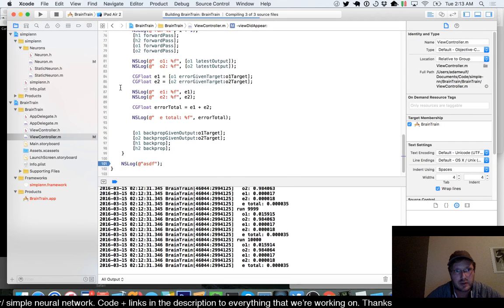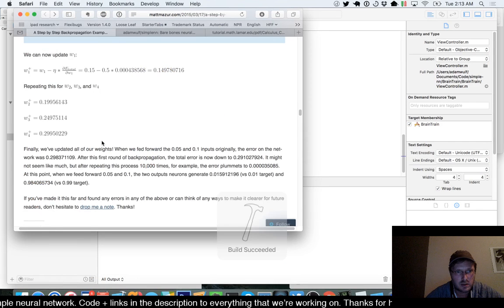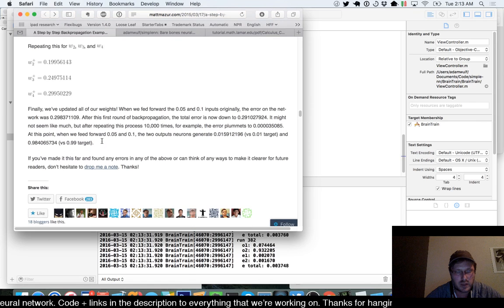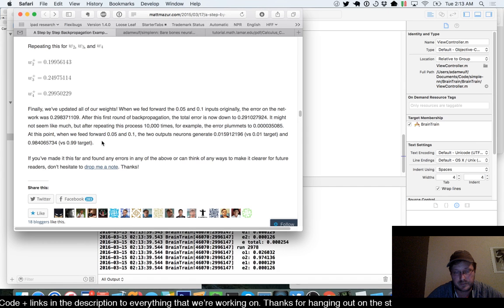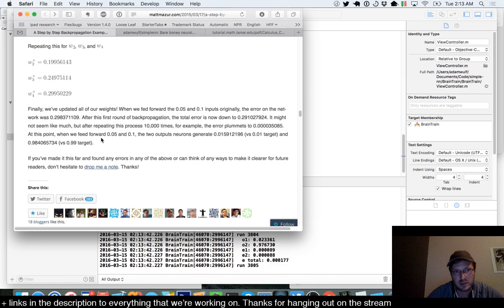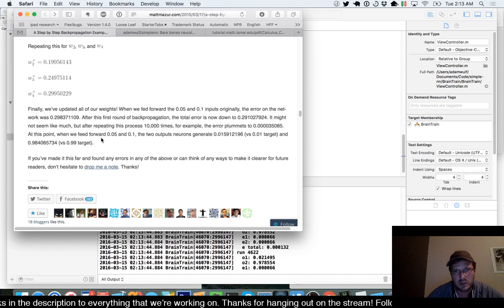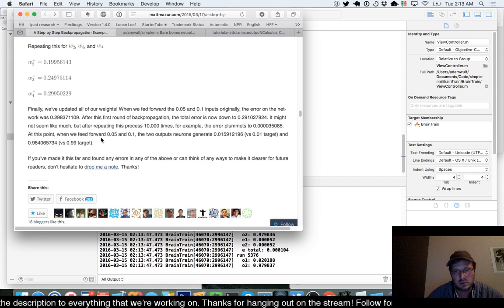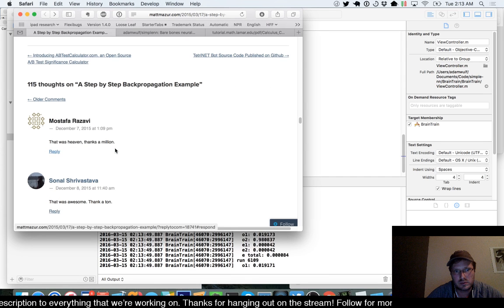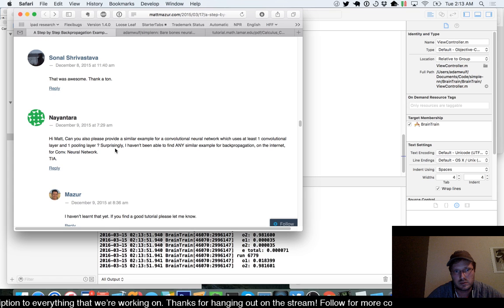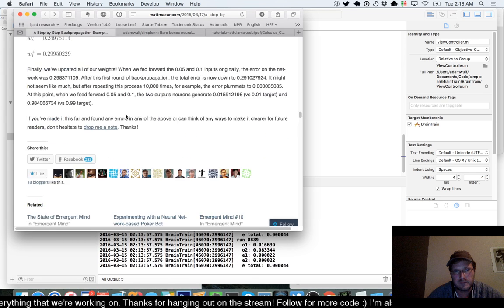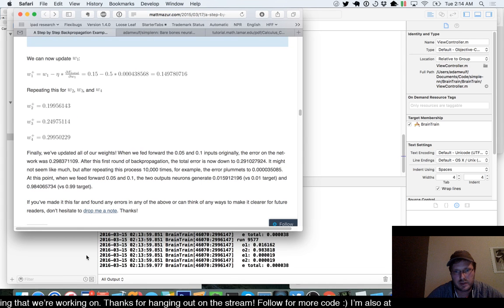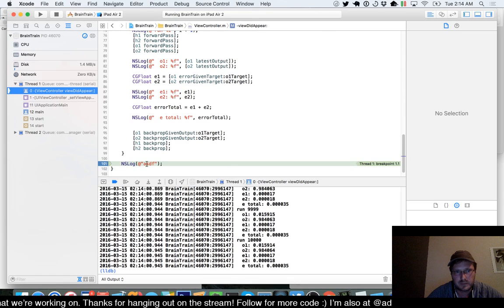Let's stop it though. It might also be that after 10,000 iterations, there might be some rounding, some floating point error. So that's a possibility that that's what's going on, because it was pretty close. So now what this is going to get us is, there we go.